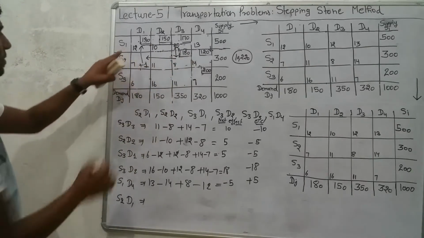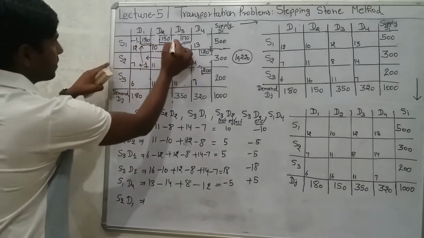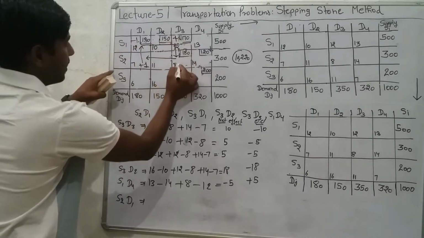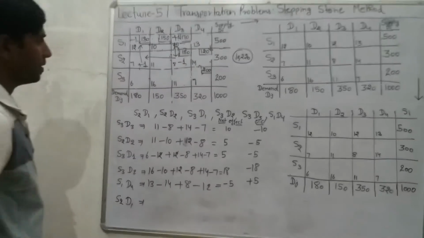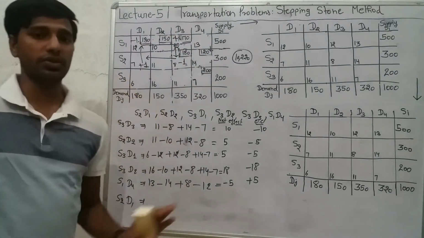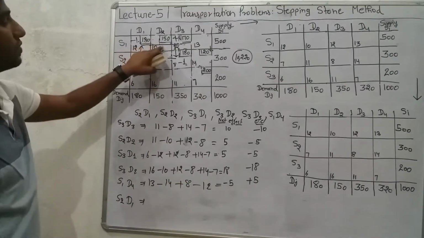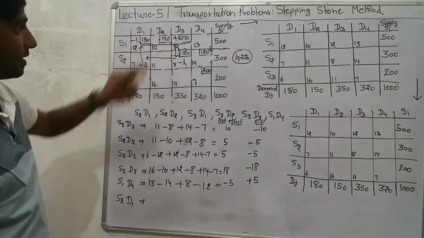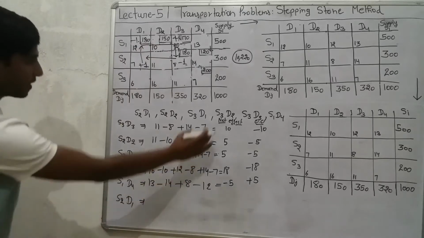So plus 1, minus 1, plus 1 and minus 1. Only take care of the cells which are actually following the closed loop. Don't look at the cells which you have skipped. So don't look at this cell. So what would be the net effect on the total cost?